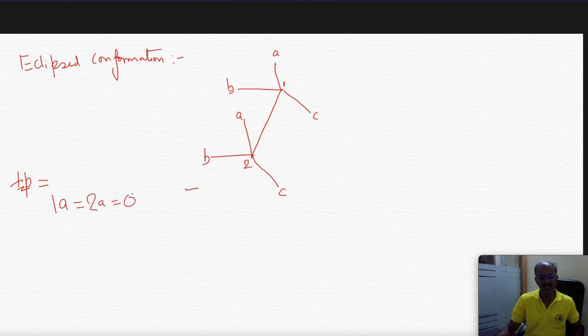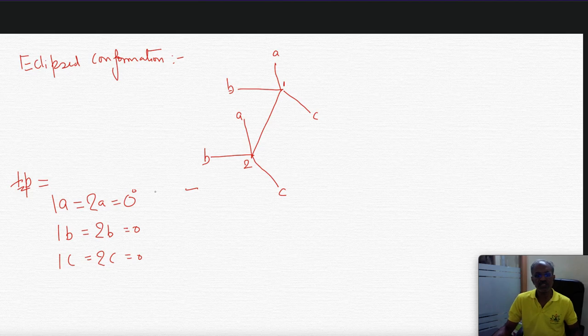Extremely sorry, it is 0 degree. Similarly, 1B is equal to 2B, which is equal to 0. Similarly, 1C, 2C, which is equal to 0.